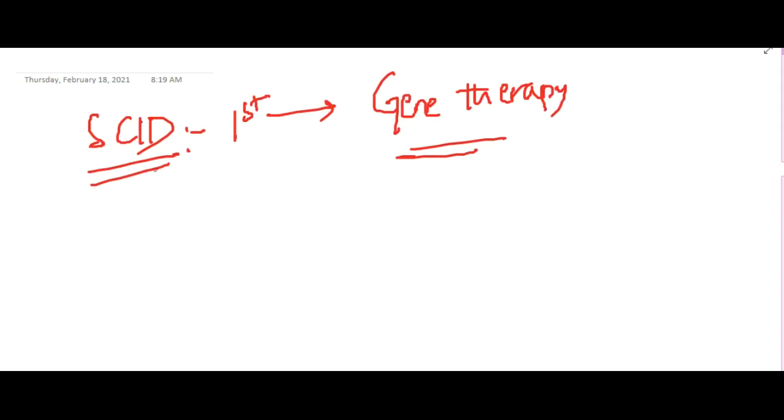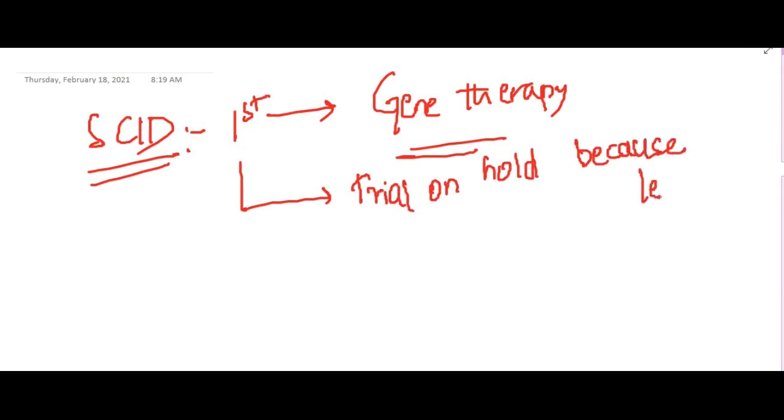Actually SCID is the first disease to undergo gene therapy, but this trial was put on hold because many children started developing leukemias later in life. So we have stopped this therapy for severe combined immunodeficiency.